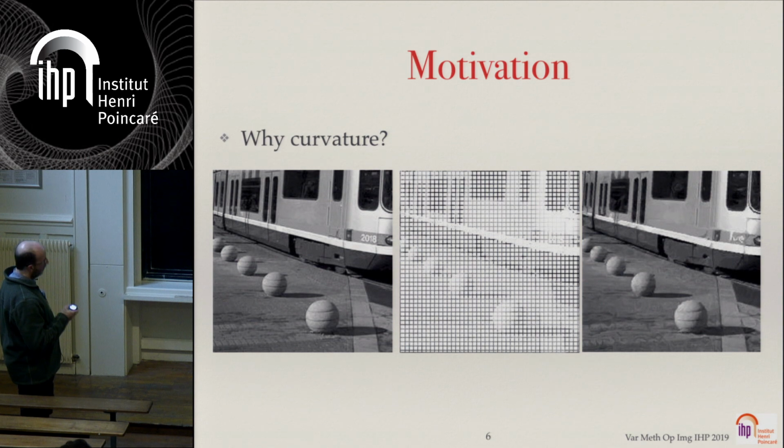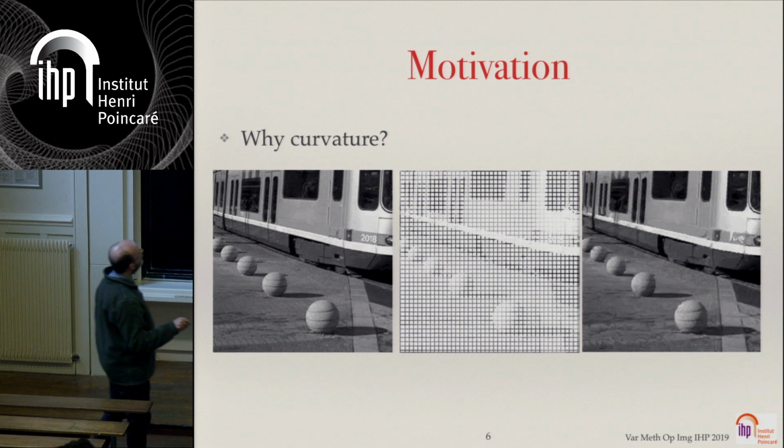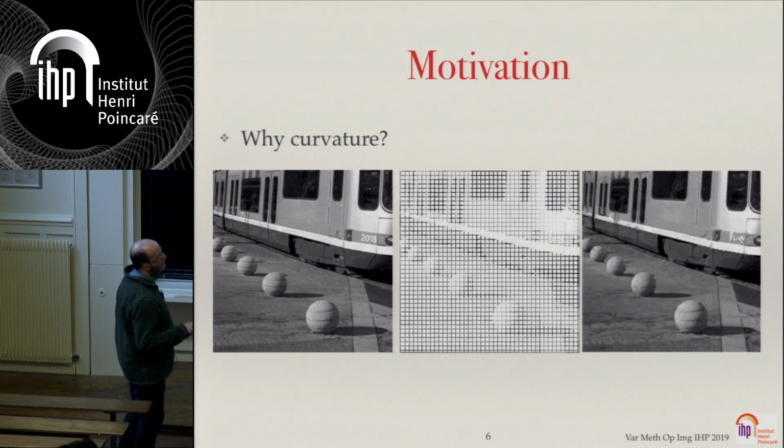Okay, it's useful. So it's been used a great deal in other contexts. For instance, here, that's an example by Masnou, where that's a natural image. That's a subsampling of the image along a grid. So the only data we have is on this grid. And if we restore the image based solely on that data, basically this is throwing away 80% of the data, we restore an image which looks good.